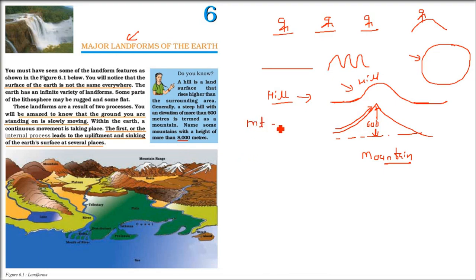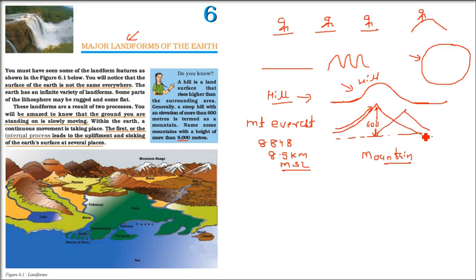The highest one we know is Mount Everest, and this is 8848 meters, that is around 8.9 kilometers from mean sea level. This is how high this mountain is. It's above the clouds also. So this is the difference between a hill and a mountain.